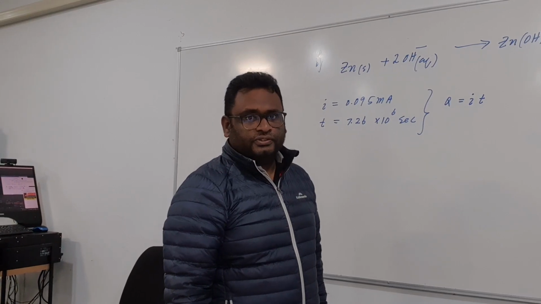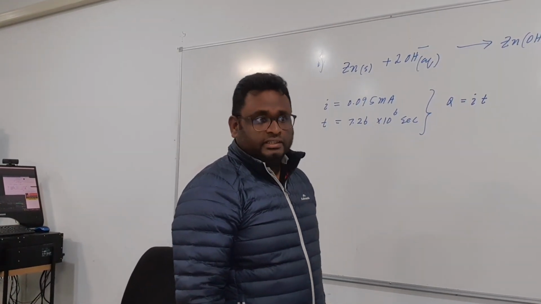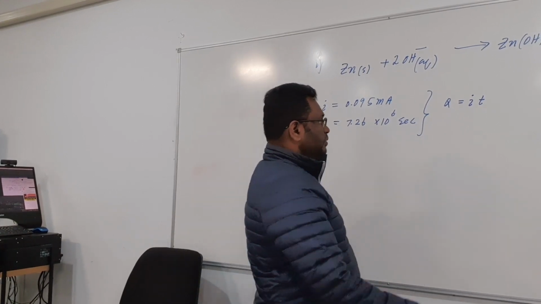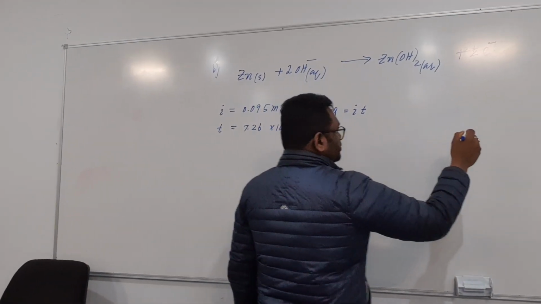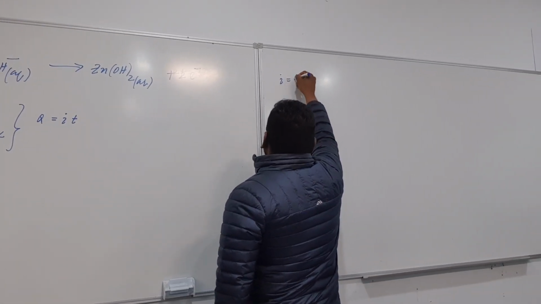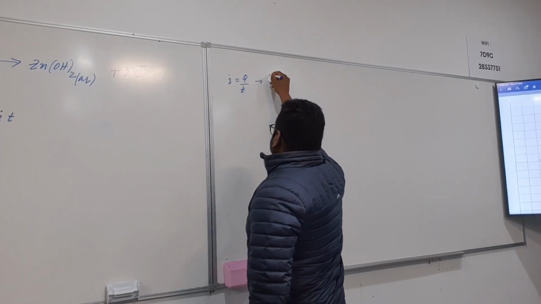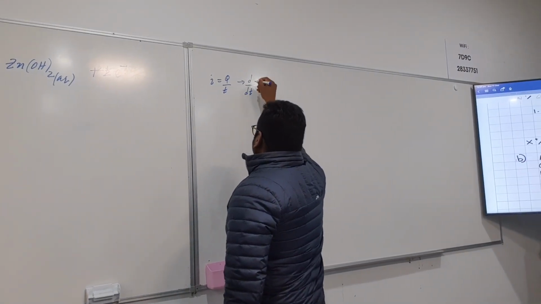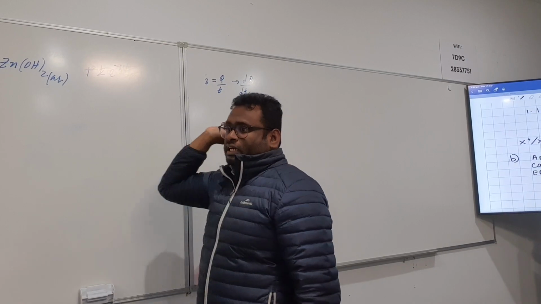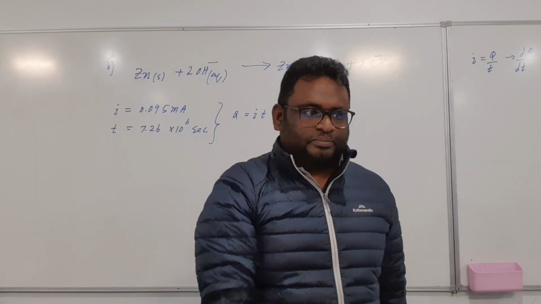So people, you will get this question as an application in this way. I is equal to Q divided by T, so you get this as dQ/dt. Rate of change of charge is current.